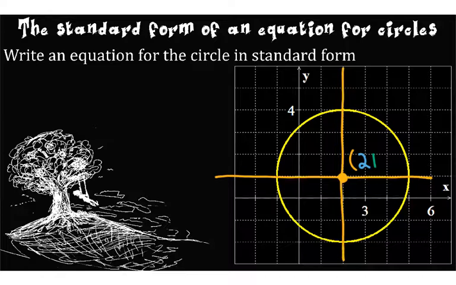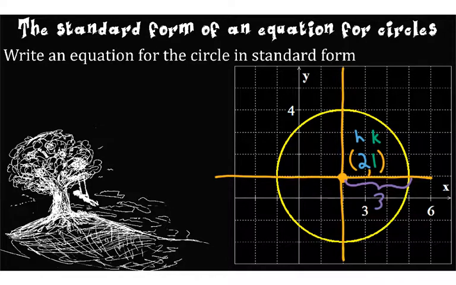So the x value of the center is 2, that is the h, and the y value at the center is 1, and that is the k. Now we need to identify the radius. If we look at this length right here, we can see that the radius is 3 units long.